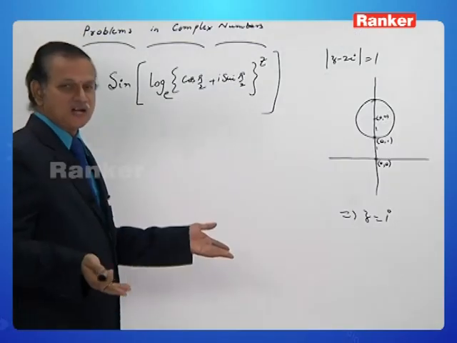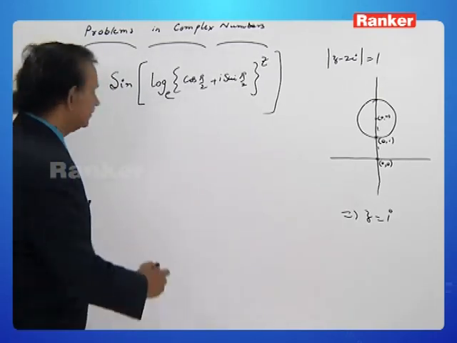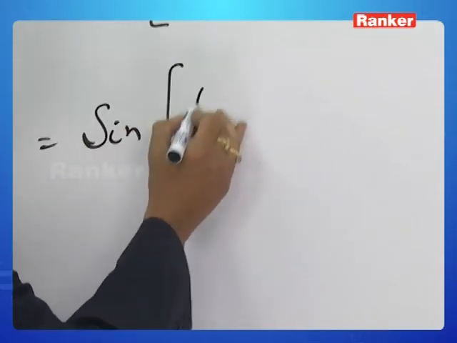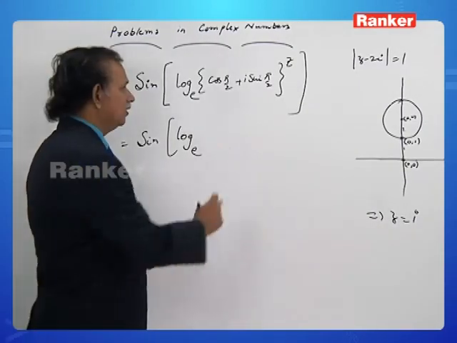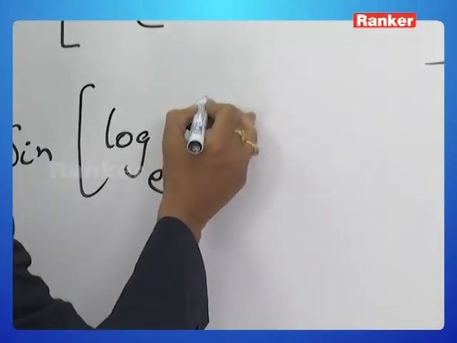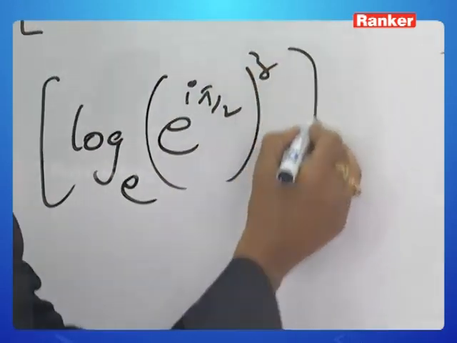Let us start simplifying it. It looks so bulky here. It is equal to sine of log to the base e of what is cos pi by 2 plus i sin pi by 2. It is just nothing but e power i pi by 2 whole to the power of z.